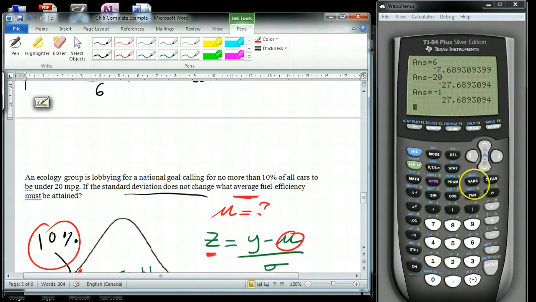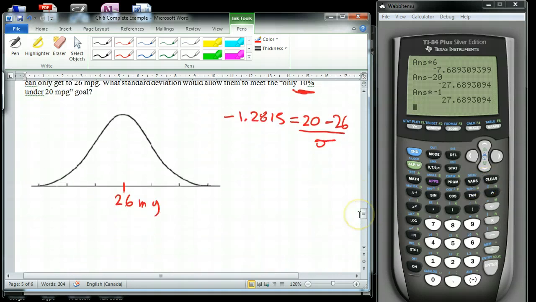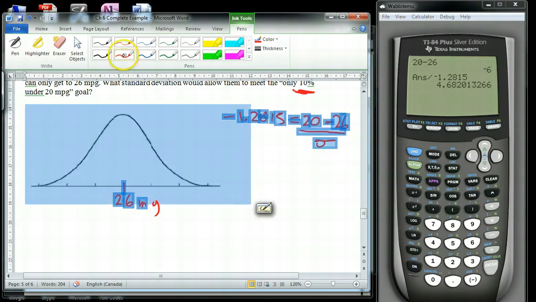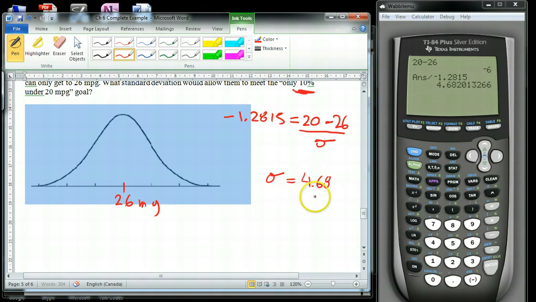So let's calculate the new standard deviation. 20 minus 26, divided by negative 1.2815. The new standard deviation is 4.68 miles per gallon.